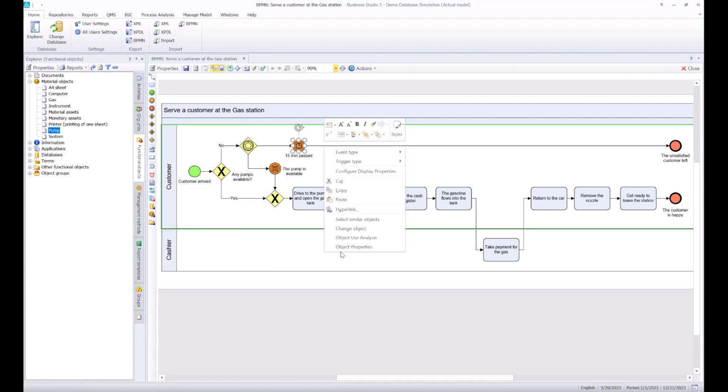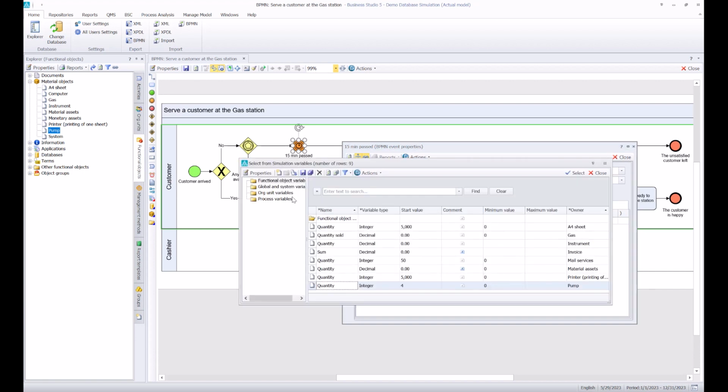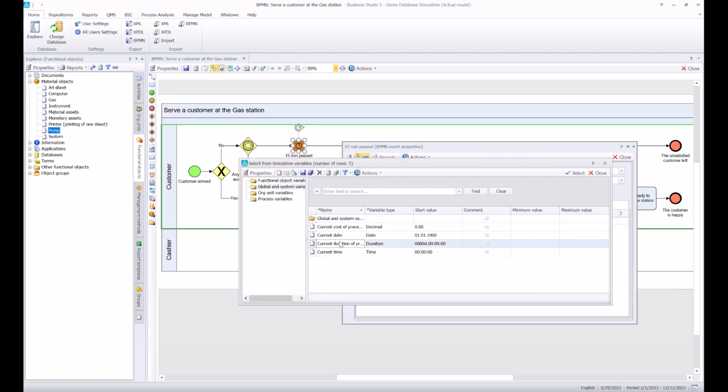In case a customer waits for more than 15 minutes, he leaves the gas station without the fuel and totally unsatisfied.